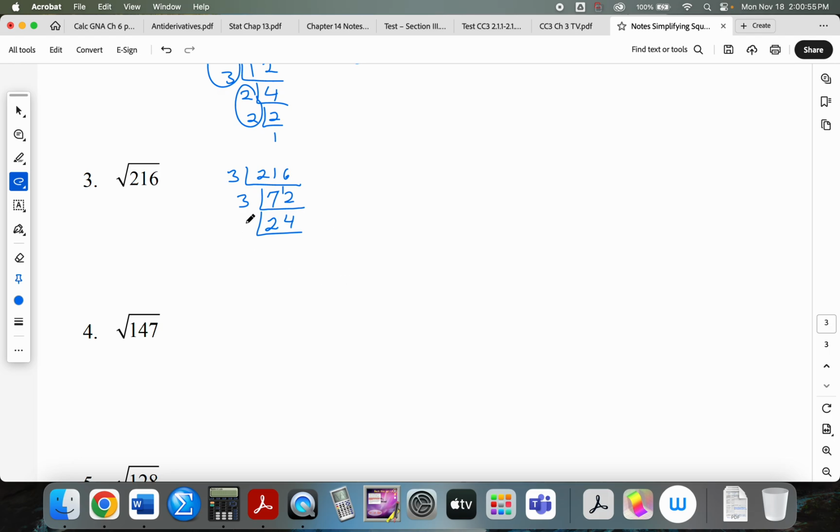I'm going to divide by 3 again. 3 goes into 24 8 times. Can't divide by 3 anymore, but I can divide by 2. And then 2 goes into 4 twice. And 2 goes into 2 1 time.